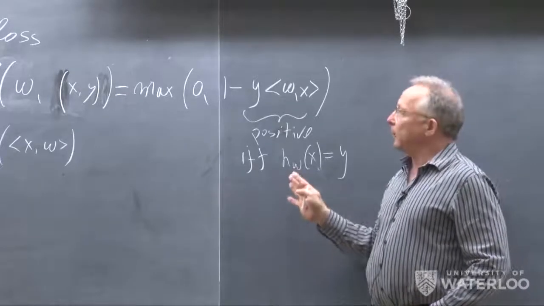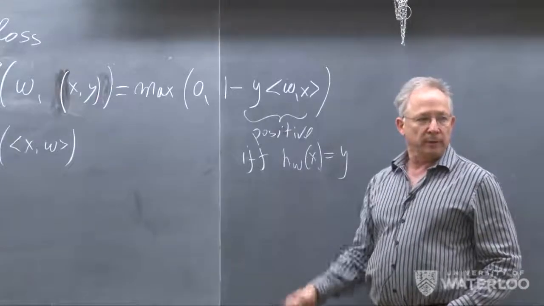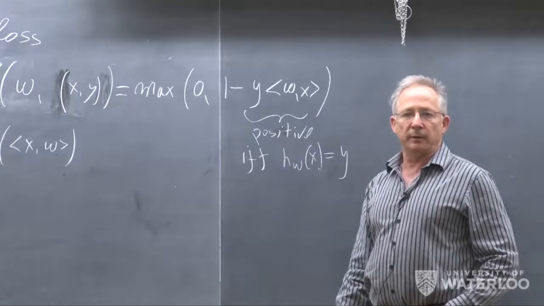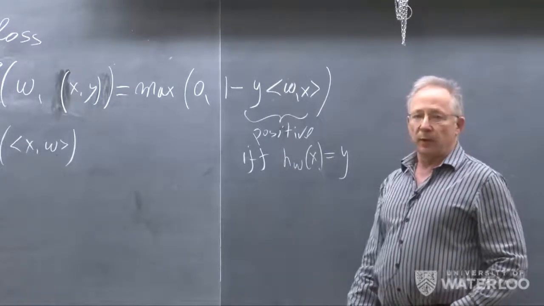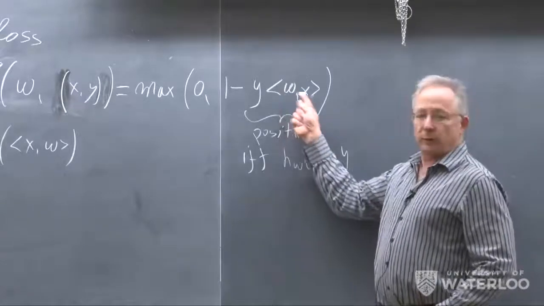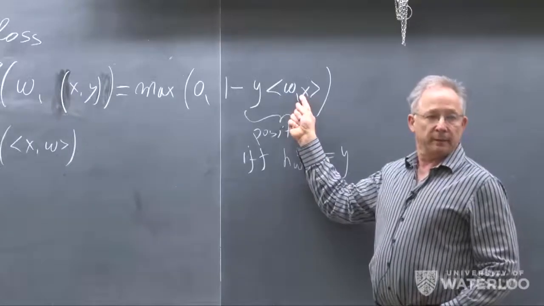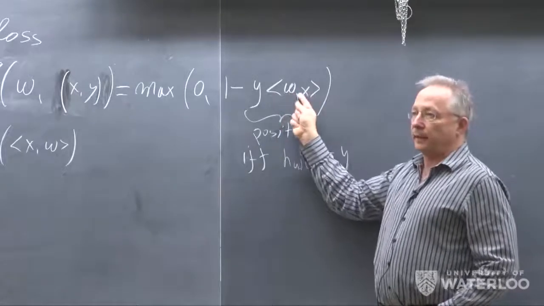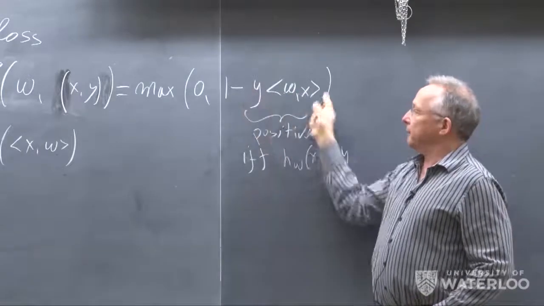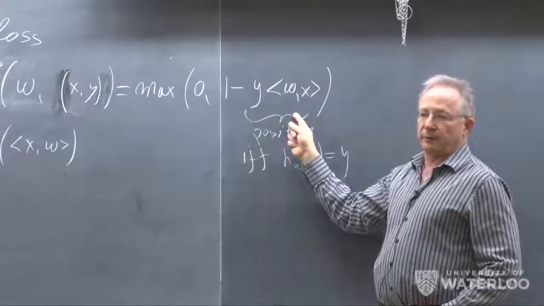And furthermore, when will the loss be 0? When will this hinge loss be 0? The hinge loss becomes 0 once we are correct and this dot product is at least 1. If this dot product is at least 1 and we are correct, correct means this becomes a positive number.